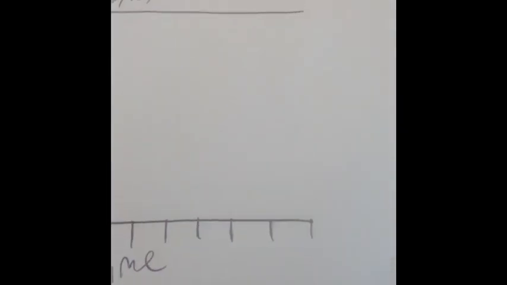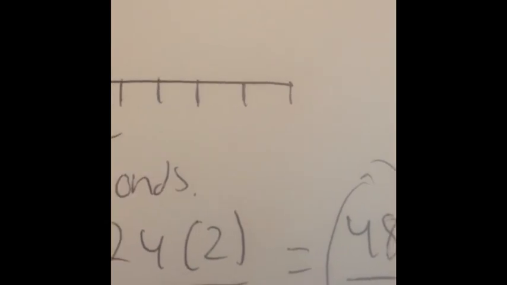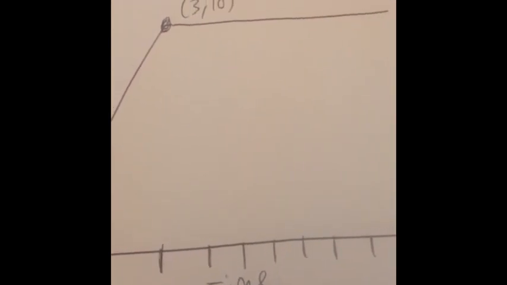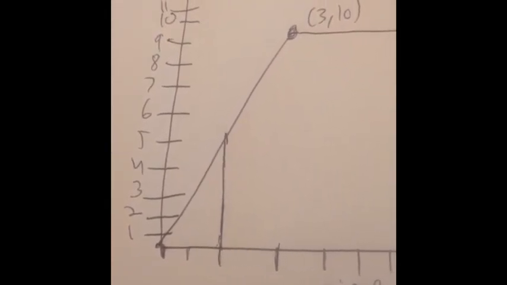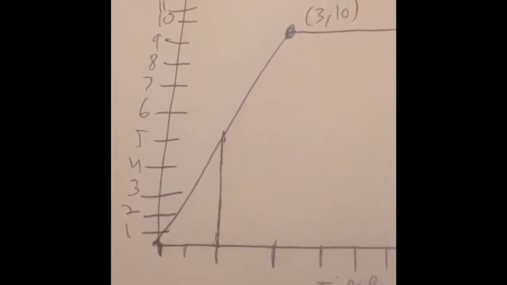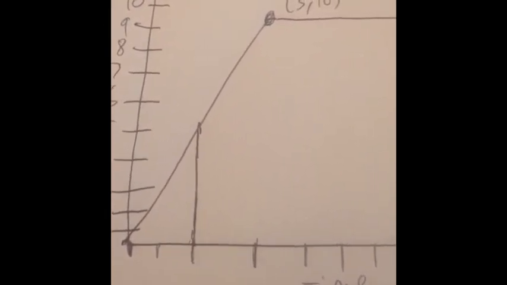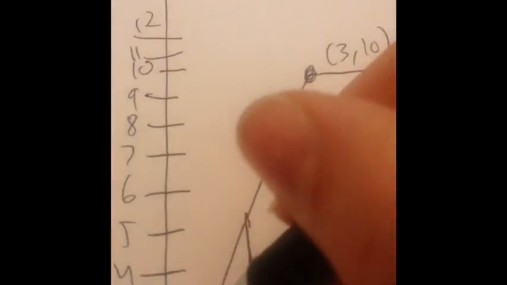Okay, now for part B, we want you to try and find the acceleration. So in order to get the acceleration, you need to take the derivative. In order to take the derivative, you find the slope of the tangent line. And in order to take the slope of the tangent line, you just look at the slope between 0 to 2.